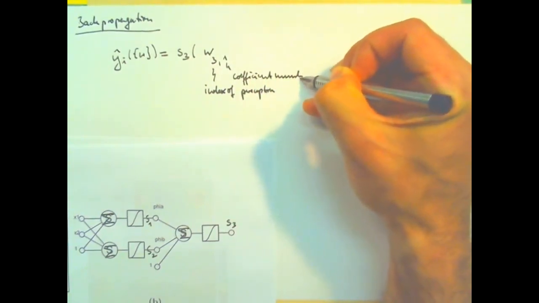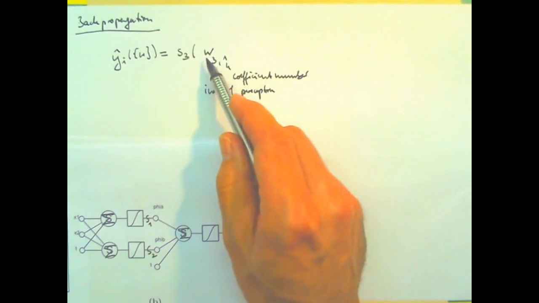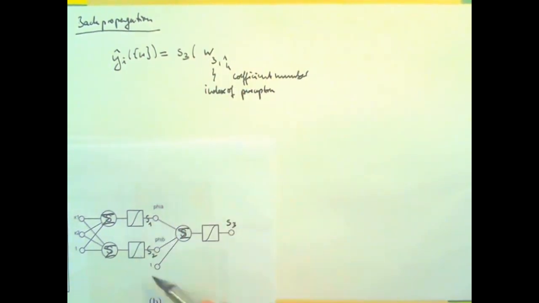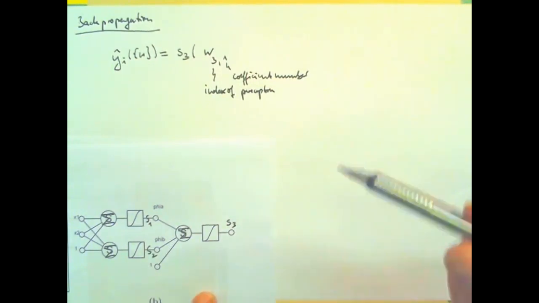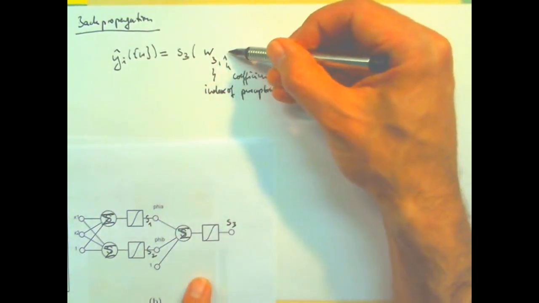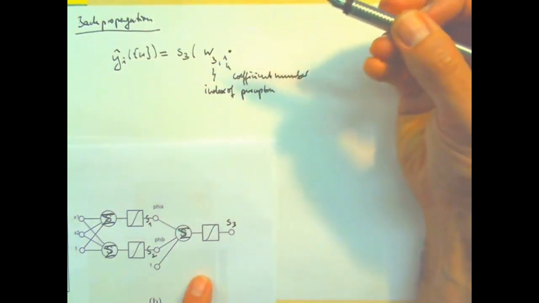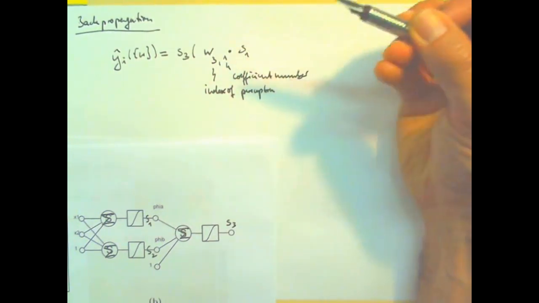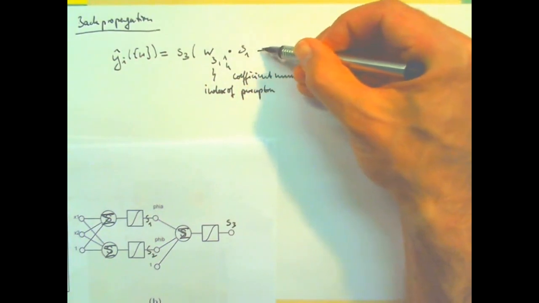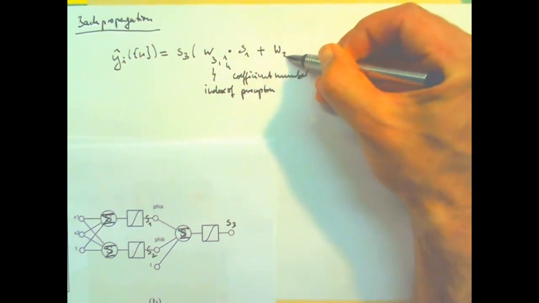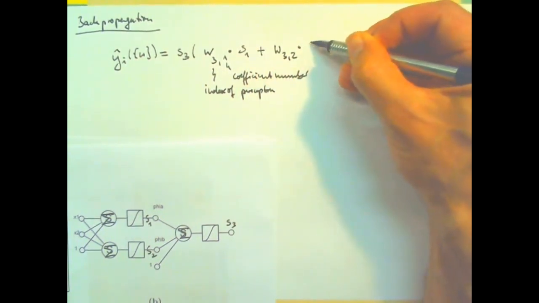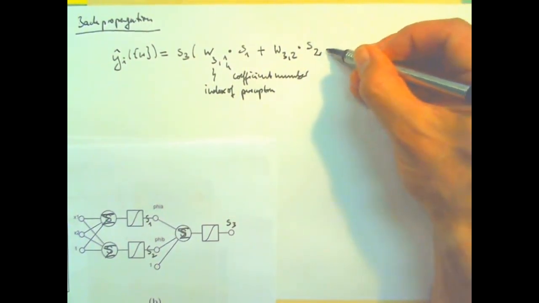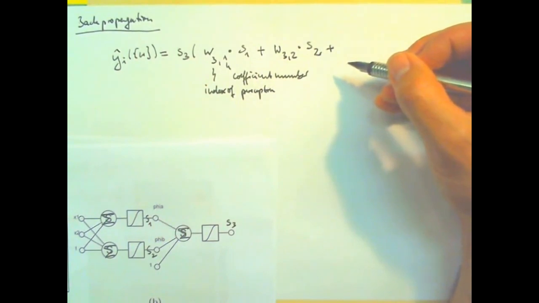So W3 would be all the parameters of the third perceptron, and now I'm multiplying the first coefficient of this vector with the output of the first perceptron, which I'm abbreviating as just S1, plus W3,2 times the output of the second perceptron, S2, plus I also have a bias.